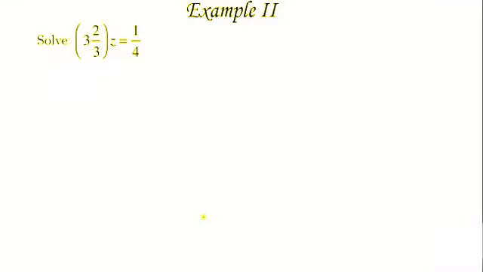This is an example that looks more complicated, but uses the same principles that we've been using. 3 2/3 times z equals 1/4. 3 2/3 is messy to work with because it's a mixed number. So first, change that to an improper fraction.